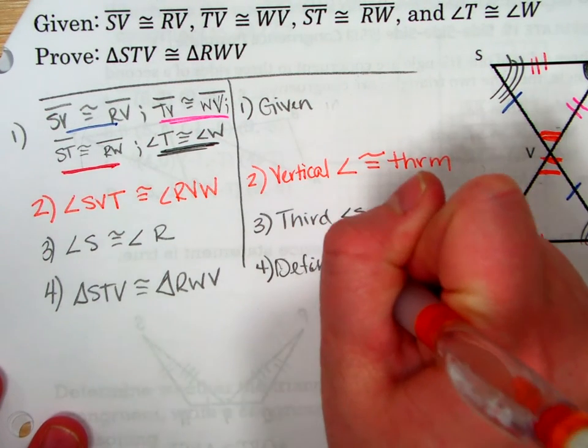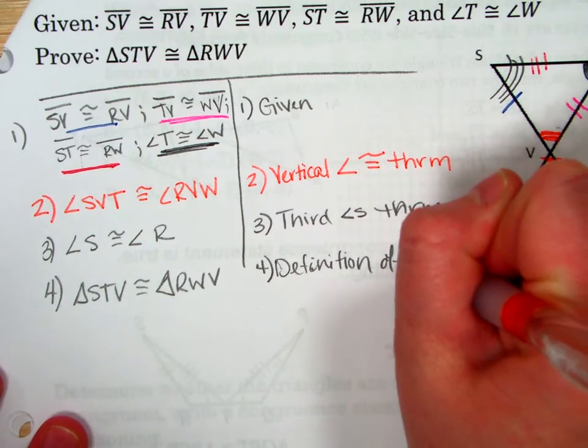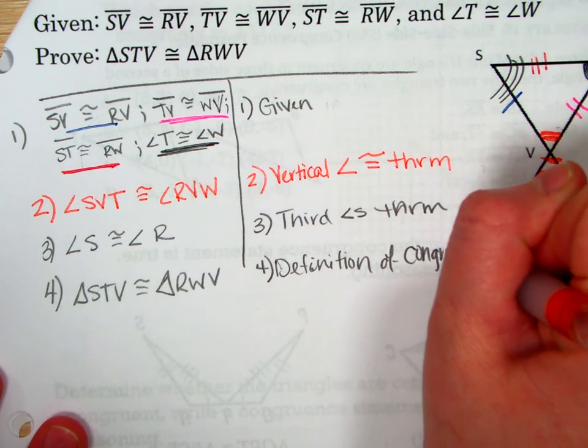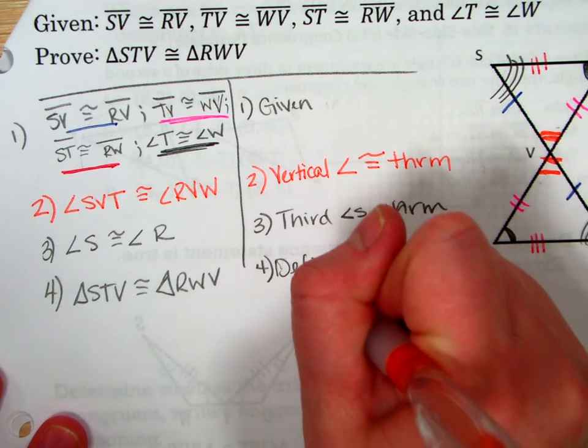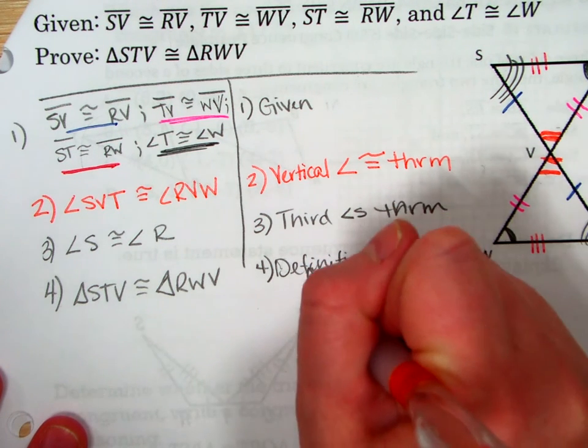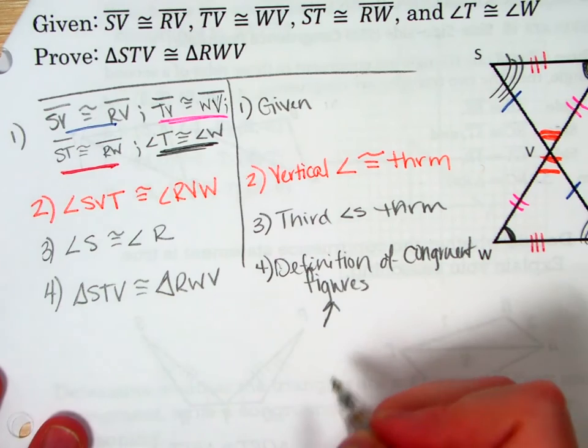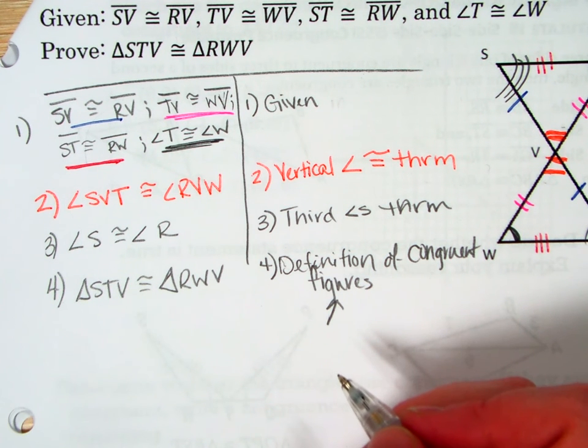Definition of congruent figures. Definition of congruent figures is proving that all congruent parts are congruent.